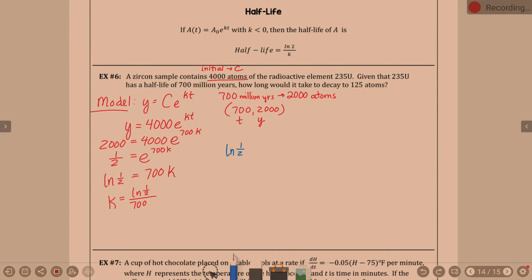But natural log of 1/2 is the equivalent of, when there's division inside a log, that can be rewritten as two logs. Oh, actually, wait, which way do I want to do this? Okay, we'll do it that way. A couple of different ways I can do that. So I can write this as natural log of 1 minus natural log of 2. Well, what is natural log of 1?